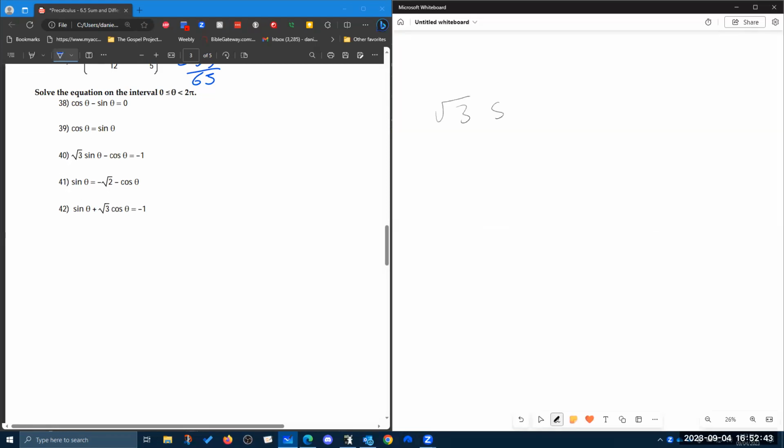Root 3 sine theta minus cosine theta equals a -1. So we're going to say here that root 3 sine theta equals cosine theta minus 1.